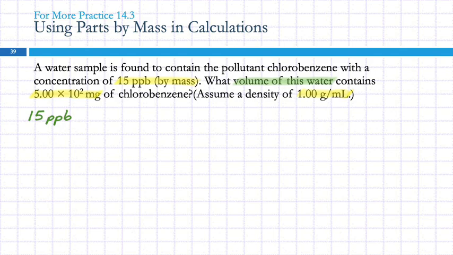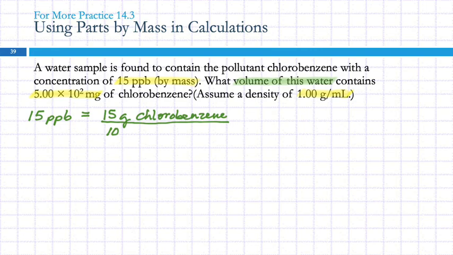It actually doesn't matter what mass unit it is as long as it's the same on the top and the bottom. So 15 parts per billion means 15 parts, let's just say grams. So that's 15 grams of chlorobenzene per billion.